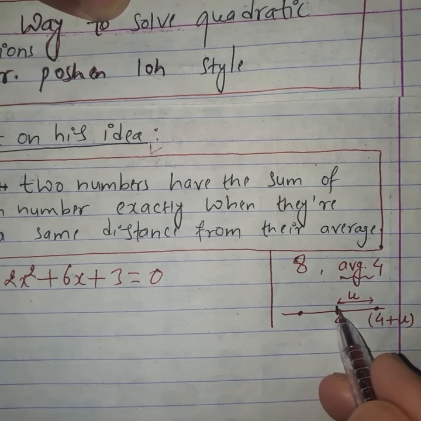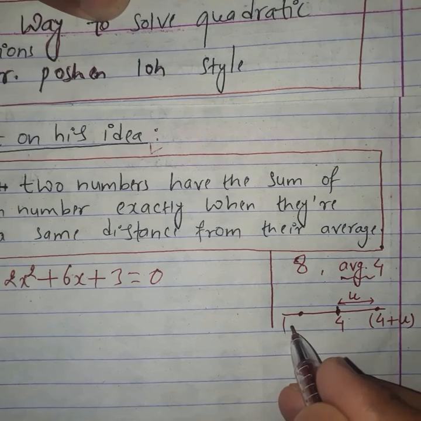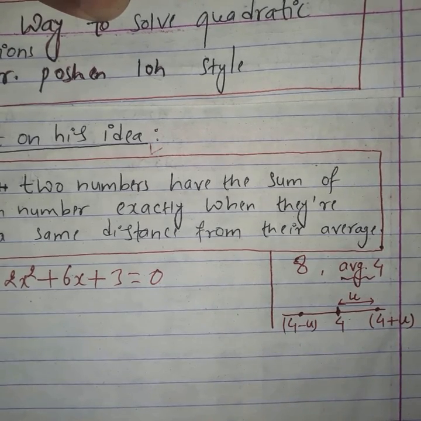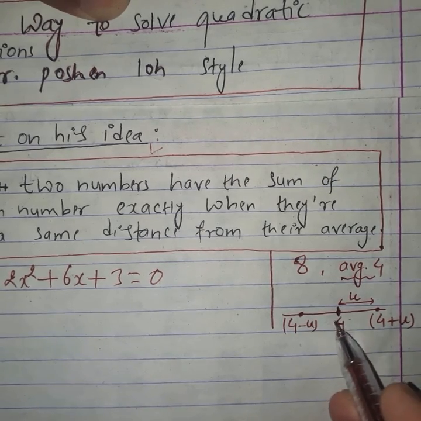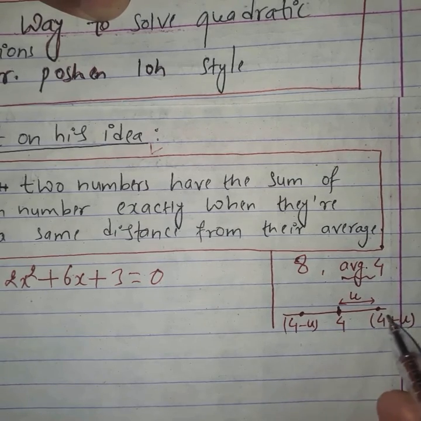So the second point should be the same distance u from the average. So the second number is 4 minus u. Here the numbers are precisely calculated such that they are at the same distance from their average.